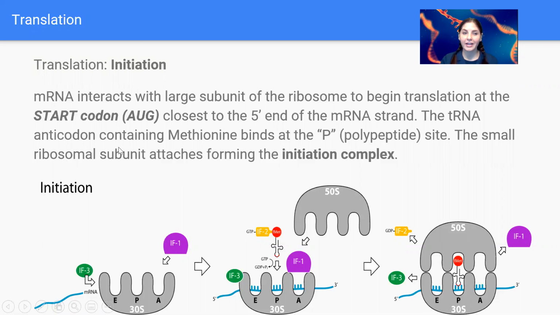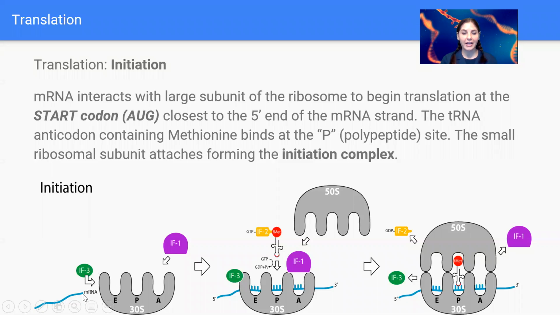The transfer RNA anticodon that's containing that start codon of methionine is going to bind at that P polypeptide site. The small ribosomal subunit is then going to attach, forming the initiation complex. So again, we have our small complex right here.